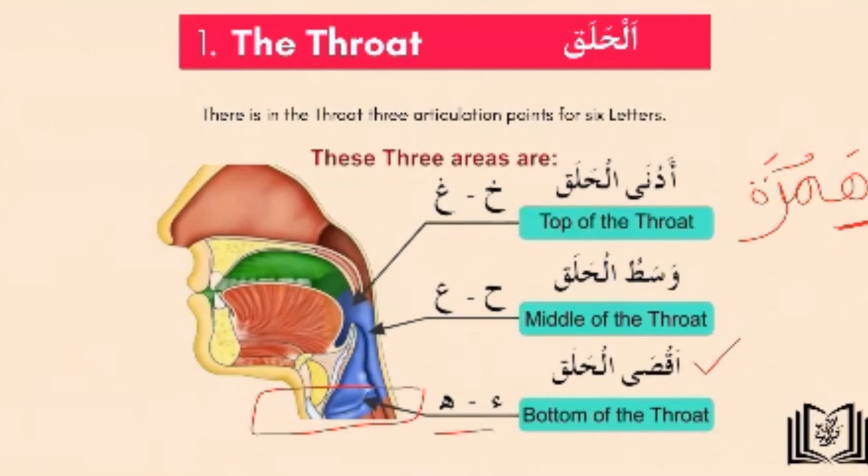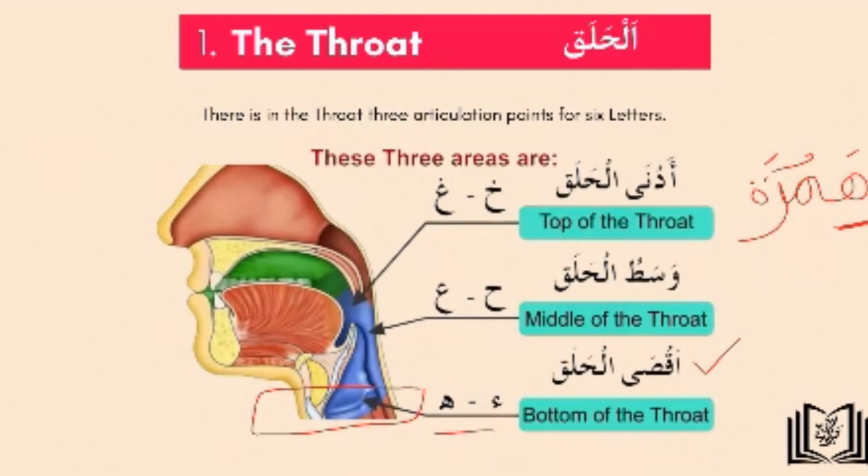When you are pronouncing these 2 letters, hamza, ha, you will feel it in your chest. Just keep your hand on the chest and repeat after me. Hamza, ha. Can you feel it? There will be something coming out from your chest.